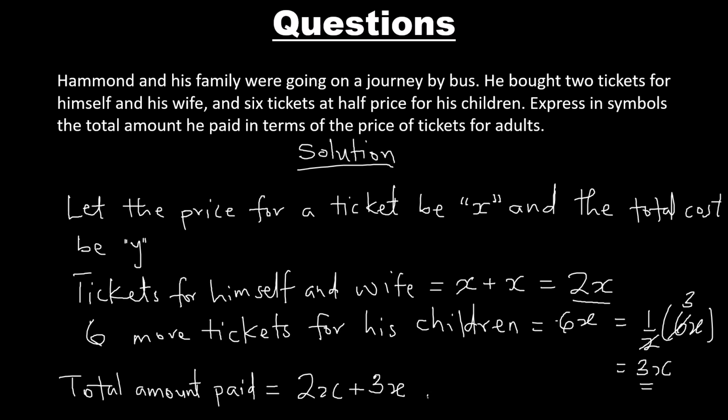So let's use symbols for that. So that means y is equal to 2x plus 3x, which will give us 5x. So that's basically what we expected to do. Good. Now let's move to our next question.